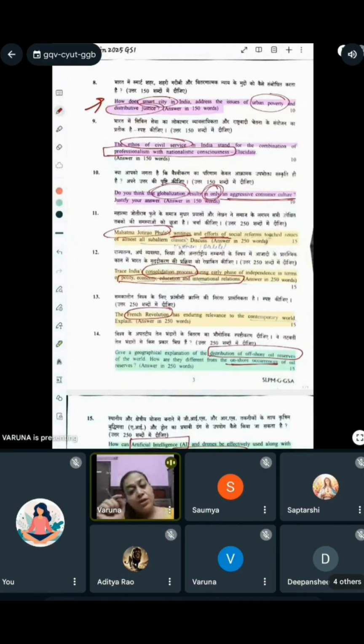Okay, through PYQs, what you can do is draw the important keywords, phrases, or vocabulary, like distributive justice, national consciousness, professionalism, aggressive consumer culture. See the kind of language. This is the kind of language or maturity we need to have in our answers.